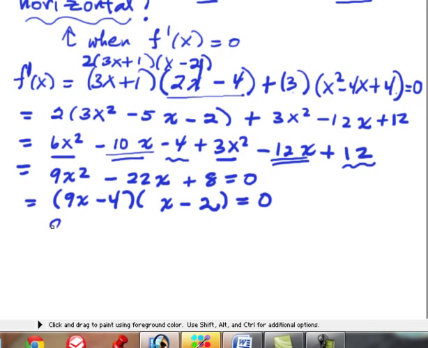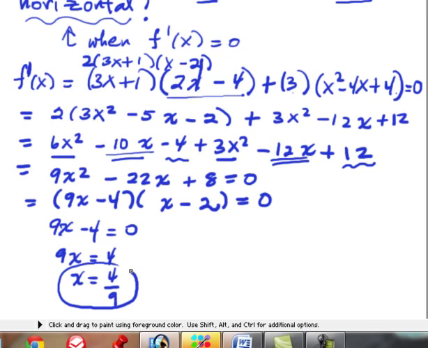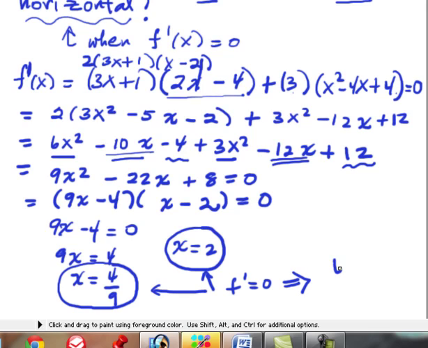We have 9x minus 4 equals 0. That's 9x equal to 4, or x is equal to 4/9. So that's one place where the tangent line is horizontal, or the derivative is 0. And we also have x equal 2. Okay, so we have two x values, two places where f prime equals 0, which means the tangent line is horizontal.